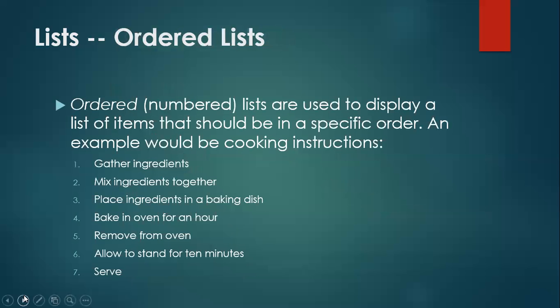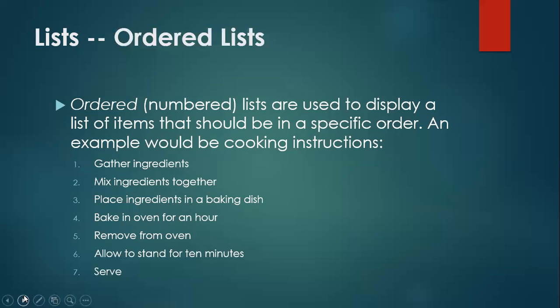After the unordered list, the next list type is the ordered list. As the name suggests, it is the list where the order of the items is very important. Ordered lists display items that should be in a specific order. If we change the order, the overall flow of the list is disturbed.